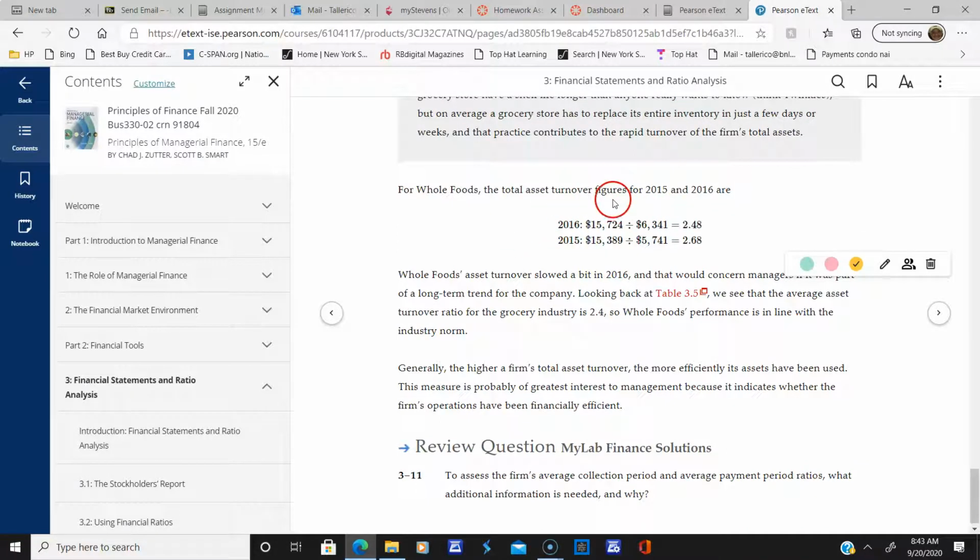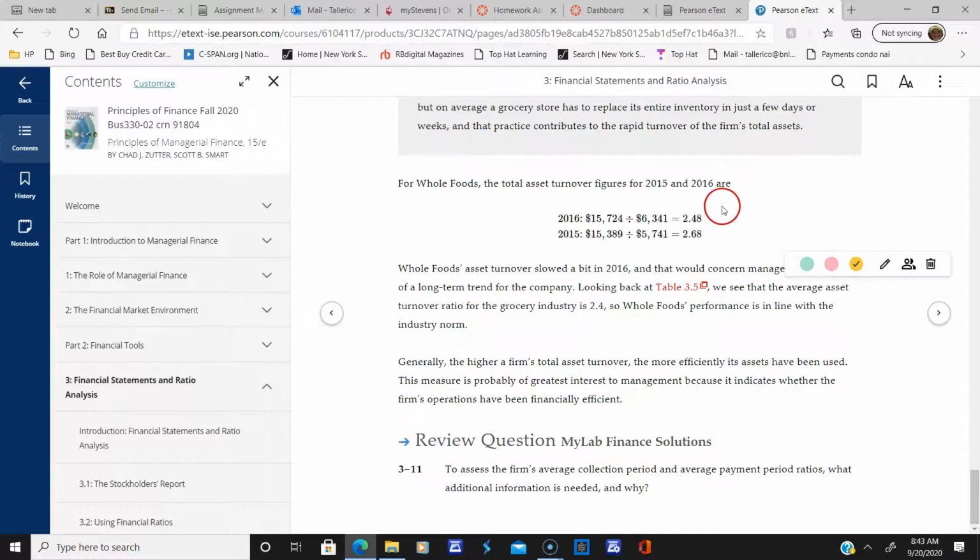And you can clearly see here, the total asset turnover got a little worse, and it slowed a bit in 2016. And that would concern managers if it was part of a long-term trend, right? So if you start seeing a trend where this is going down as it is here, you might get a little nervous, right?